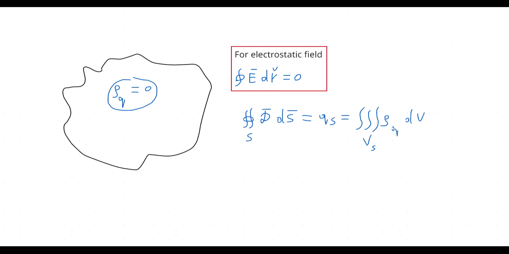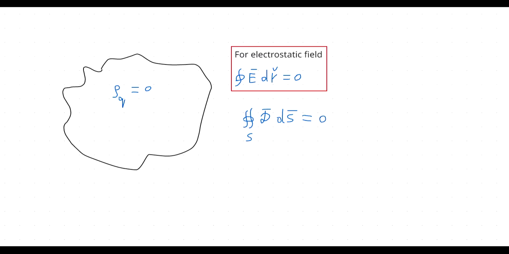But if the density of charges is equal to zero inside the conductor, the integrand is equal to zero, and it means that this integral is equal to zero inside a conductor.